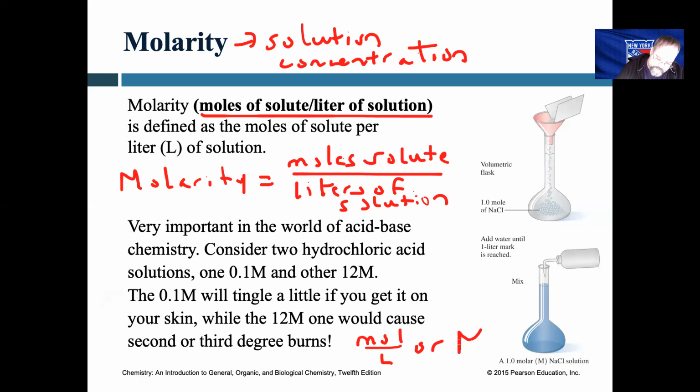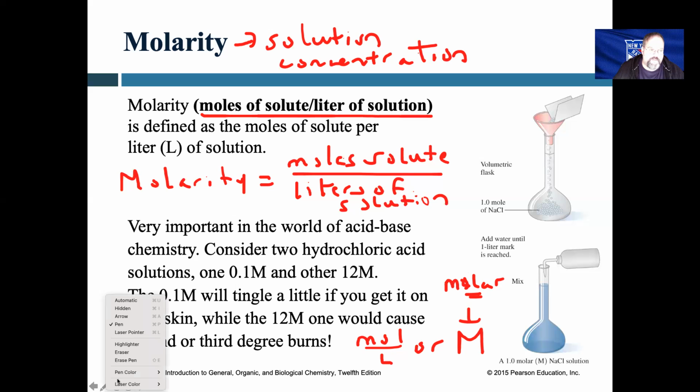We can abbreviate that as capital M, which is pronounced molar. When you see capital M next to a number, what it truly represents is moles per liter, but instead of writing moles per liter, a lot of times we just write capital M for molar.